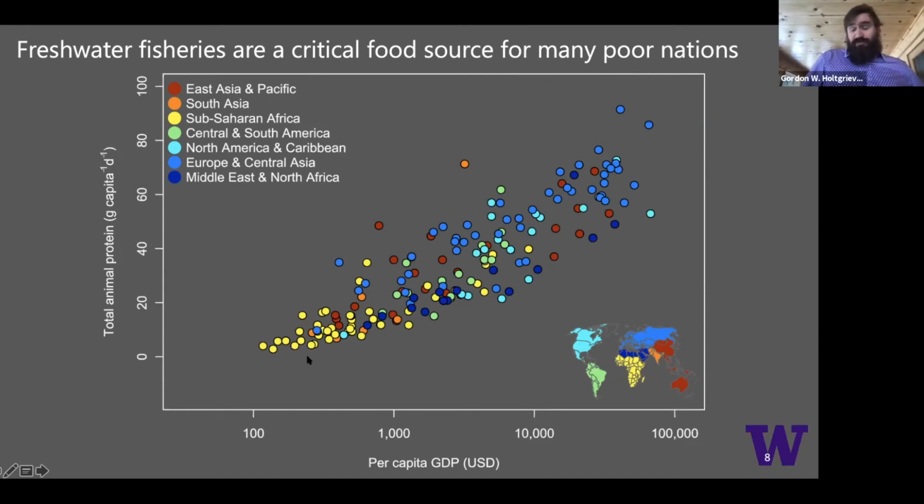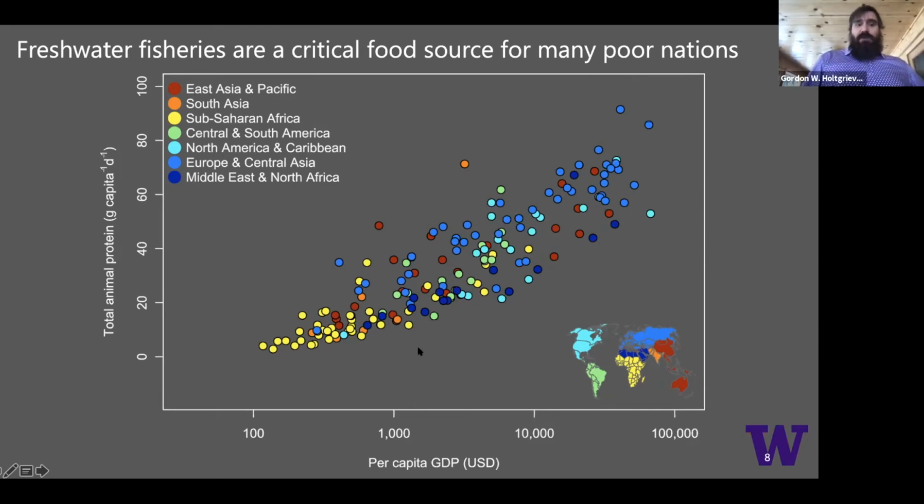And you can see a pretty clear trend, right? The more money a country has, the more animal protein they're eating. This isn't actually a big surprise. We've known this for quite a while.